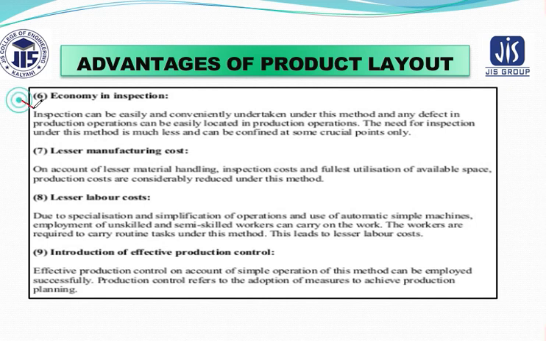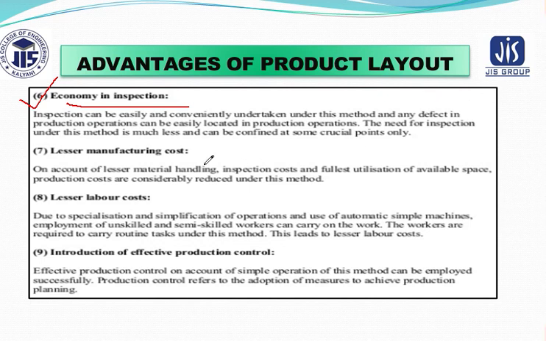So the 6th is economic inspection. Inspection can be easily and conveniently undertaken under this method, and any defect in production operation can be easily located. The only thing is that the need for inspection under this method is much less and can be confined at some crucial point also.